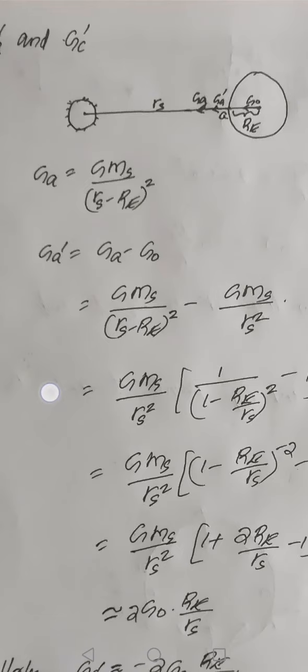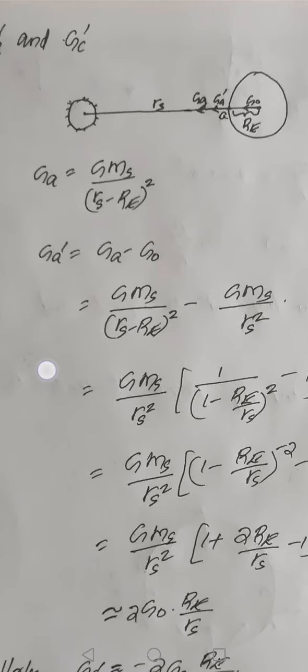So what is GA? GA is equal to GM by R square, the main formula. Here the distance from the sun to this point is RS minus RE. Therefore GA is GMS by RS minus RE all square. Okay, so therefore we know that GA prime is GA minus G0. Substituting, GA is this one, and G0 is GMS by RS square.